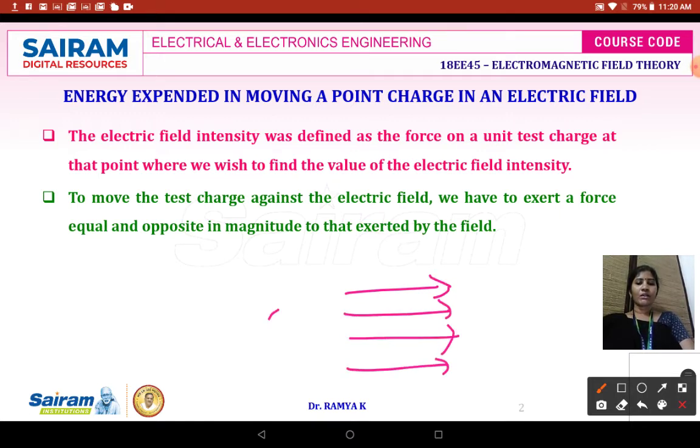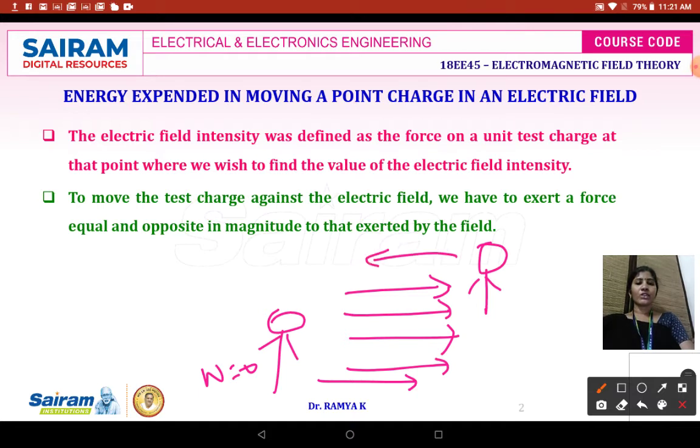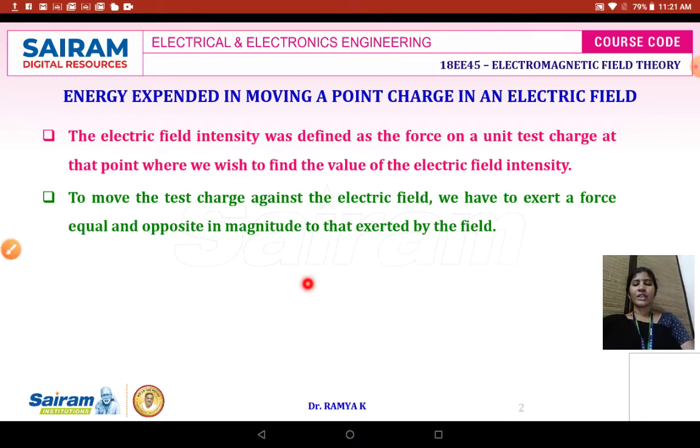If a man wants to move in the direction of the wind, then the work done by him will be equal to 0. Suppose he wants to move opposite to the direction of the wind, then he has to do some work. That is, he has to apply an equal and opposite force to the force already being exerted. That is the point explained here.